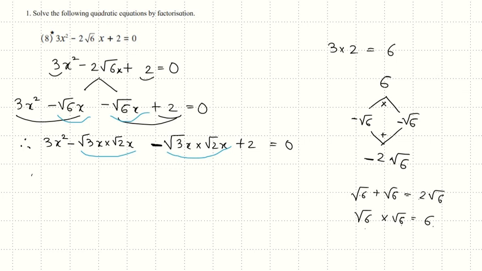So now if you write it, take the common from both these terms. The common will be root 3x. Root 3x into root 3x will give us 3x square, minus sign, and this root 3 into root 2, x is already outside, will give us root 6x.